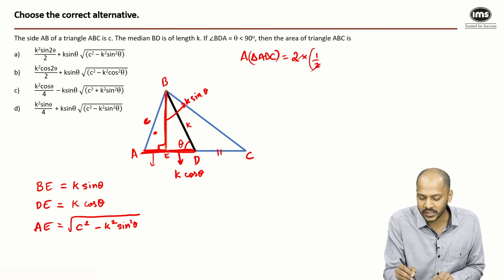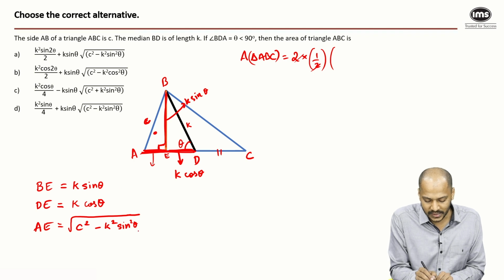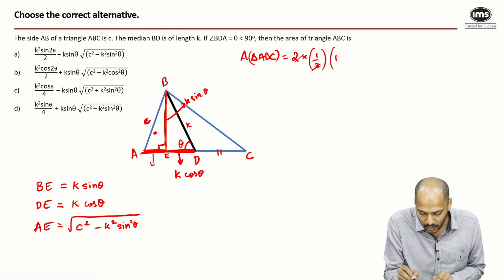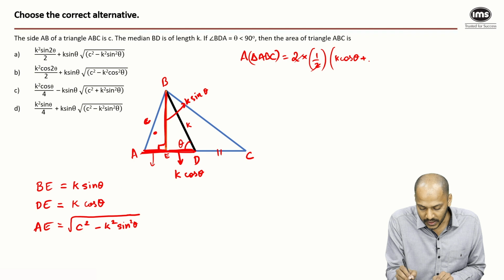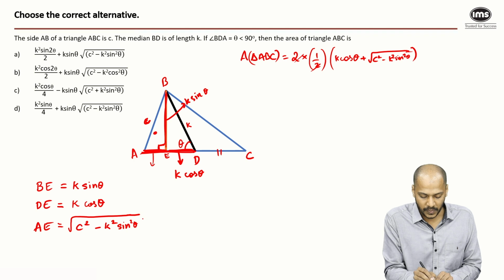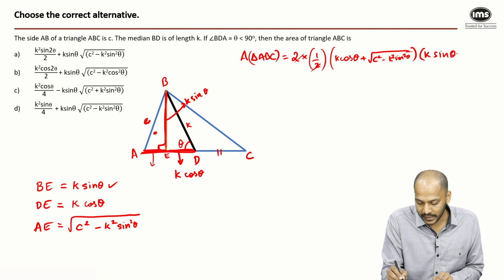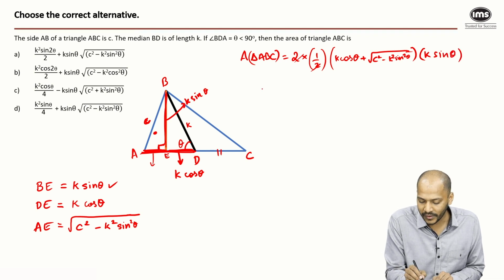So this 2 and 2 are going to get cancelled, half into base. What's the base? K cos theta plus under root of c square minus k square sine square theta, this AE, into height. Height is BE, that is k times sine theta. So the 2 and the 2 have got cancelled.